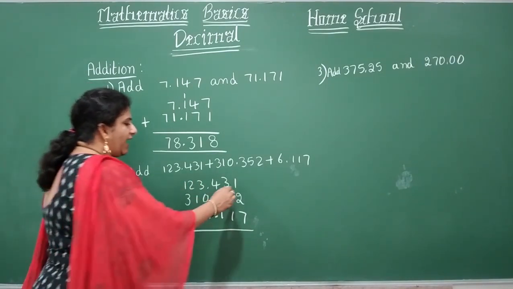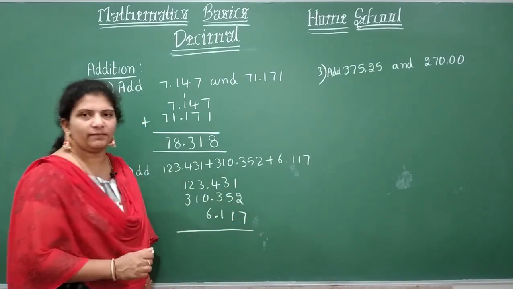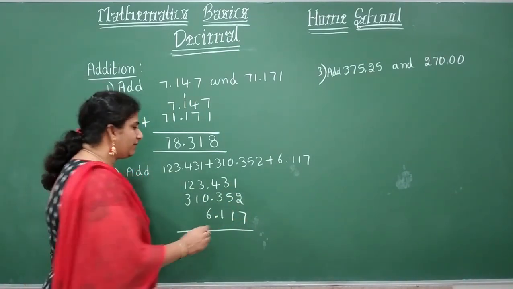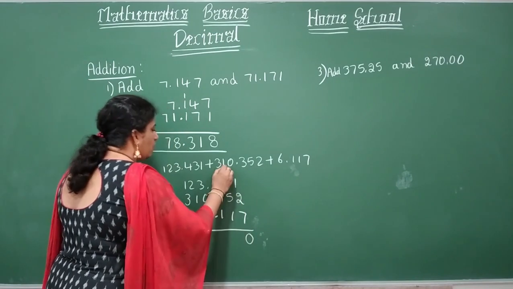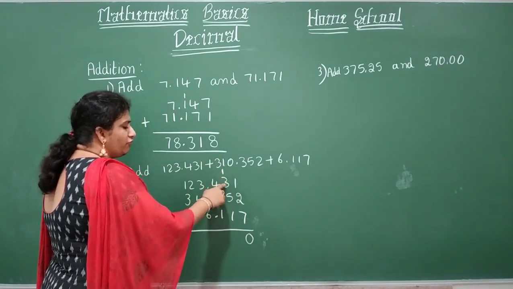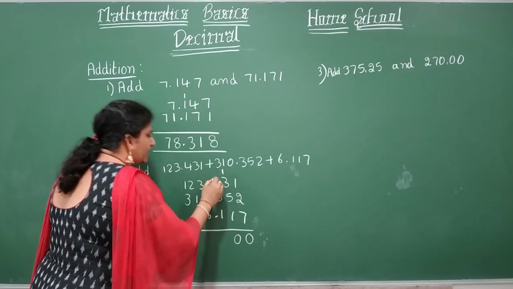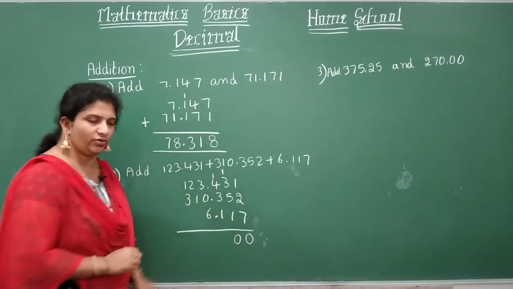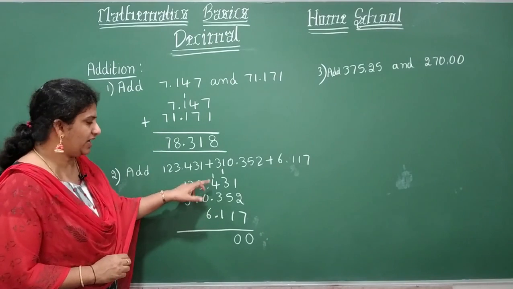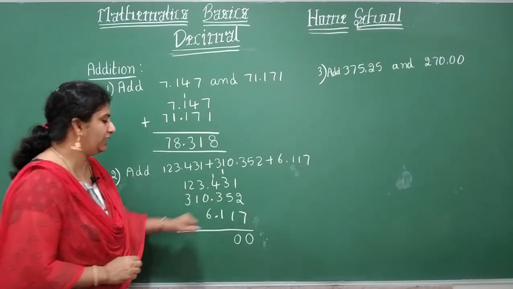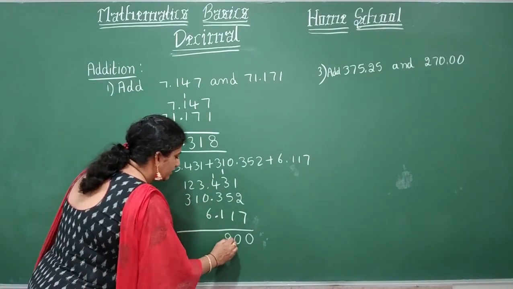Okay. Now add, children. 1 plus 2 will be 3. 3 plus 7 will be 10. 1 carry here. 3 plus 1, 4. 4 plus 5, 9. 9 plus 1, 10. Again 1 carry here. Okay. 4 plus 1, 5. 5 plus 3, 8. 8 plus 1, 9.